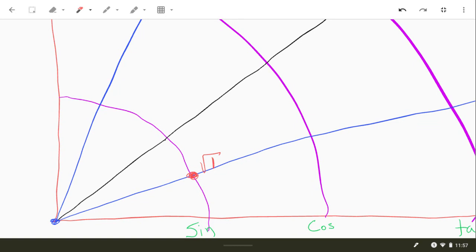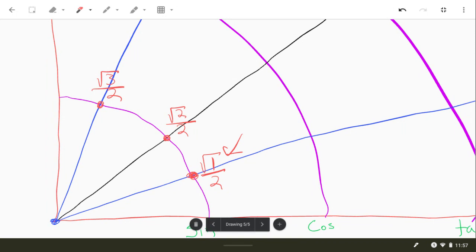It was 1 over 2. Sine of 45 degrees was root 2 over 2. And then the sine of 60 degrees was the square root of 3 over 2. And I left that under the square root for a pretty good reason. You'll see why.